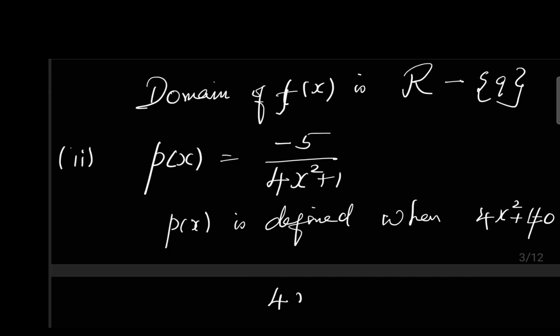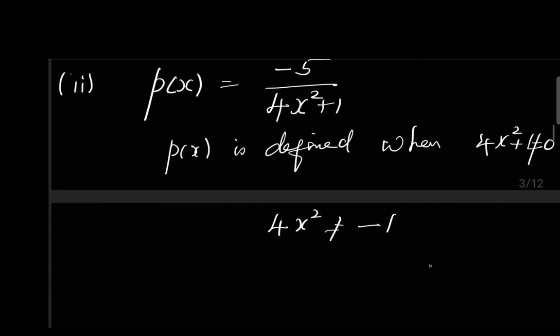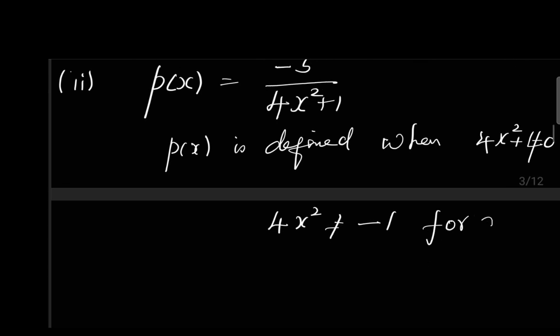But 4x² cannot equal −1 for any real number x, because we never get a negative value: for positive x, x² is positive, and for a negative value, suppose I take (−2)², you will get a positive value.